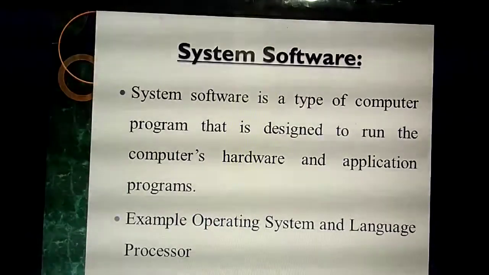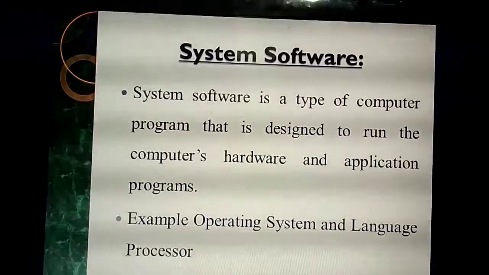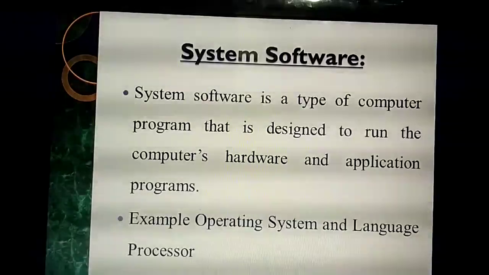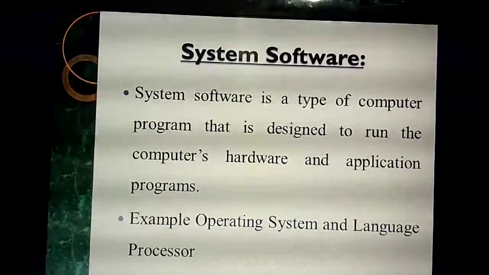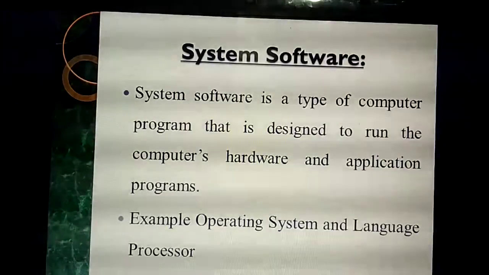System software. What do you mean by system software? You already studied application software. For these applications to run properly, we need some platform to run them, isn't it? That platform is called system software.